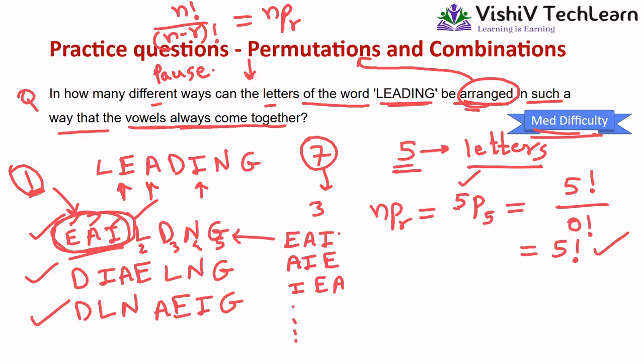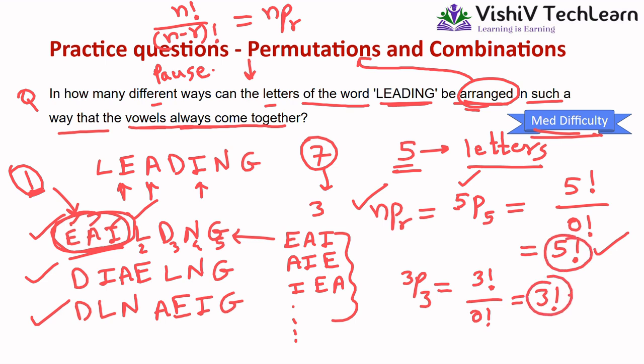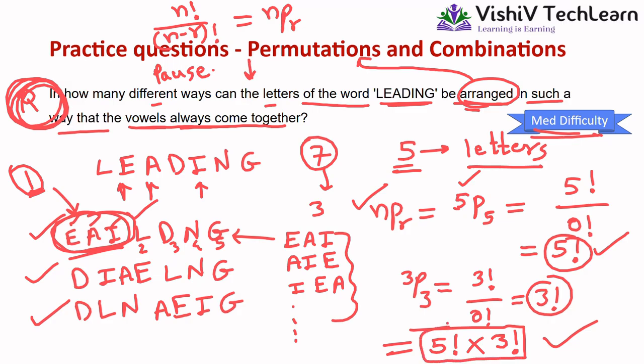To consider these, we can have one more nPr formula in which we consider 3P3: 3 vowels and their arrangement. So this gives 3 factorial upon 0 factorial, which is 3 factorial. And what to do with this 5 factorial and 3 factorial? The final answer will be 5 factorial multiplied by 3 factorial.